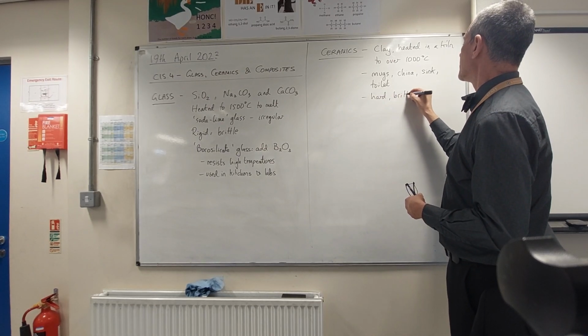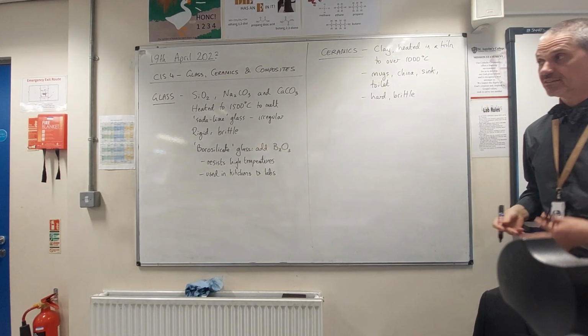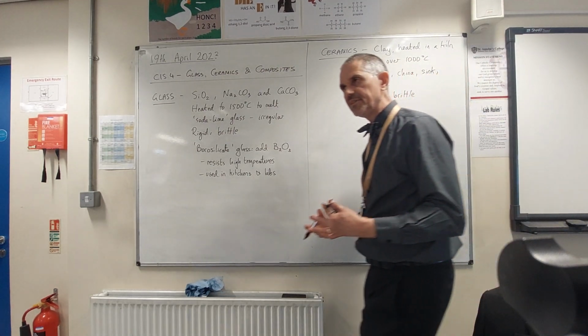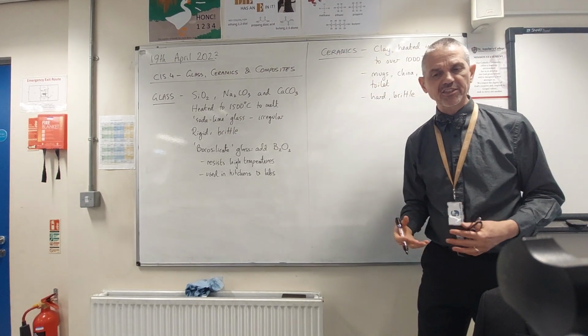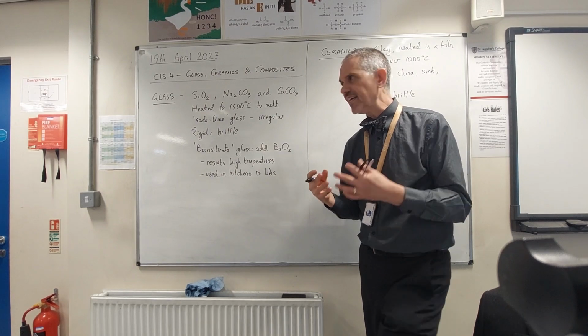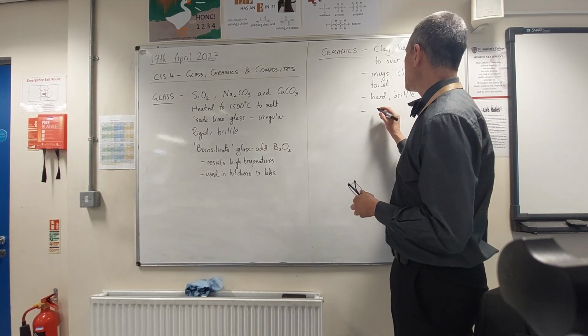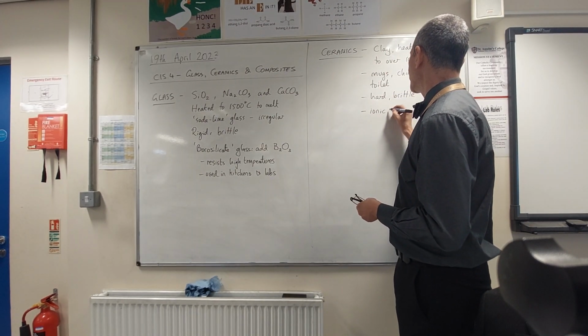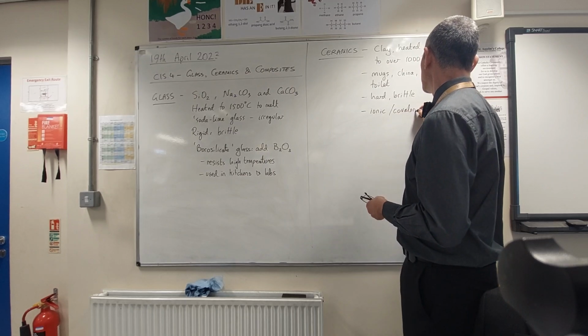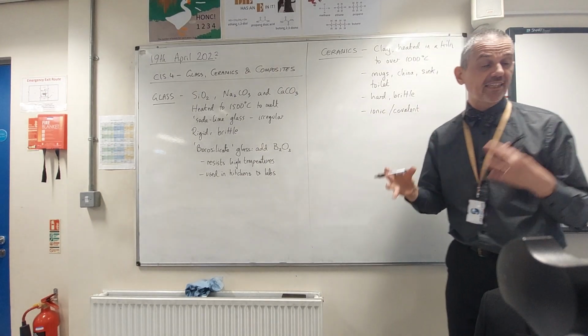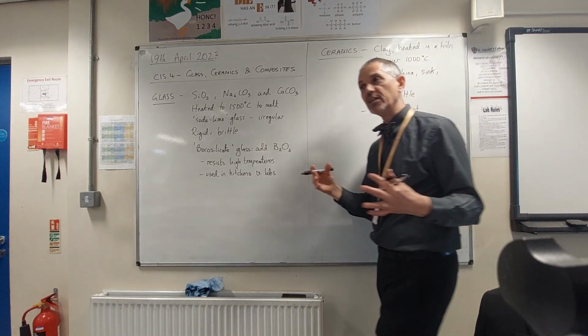But like glass, can be a little bit brittle. Again, it takes a bit more welly to break ceramic. The reason is it's made up of a mixture of ionic and covalent bonds in the structure, and it's a much more regular structure.